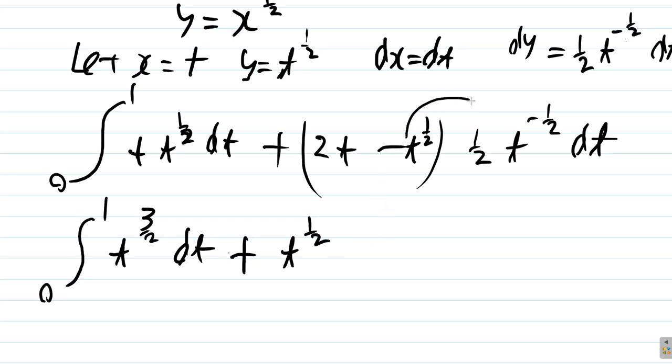Then negative t to the half times this is minus half t to the, now when you add these things, you're going to get t to the half minus a half. But half minus a half is what?